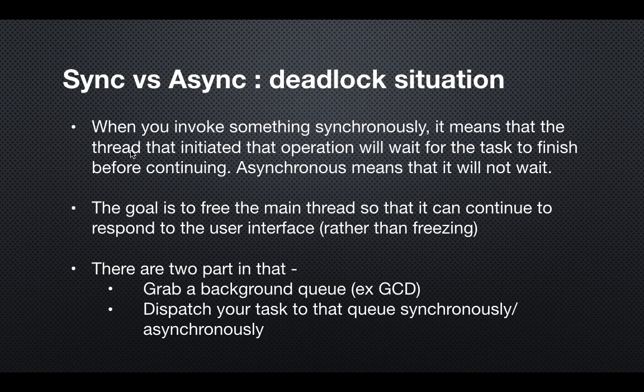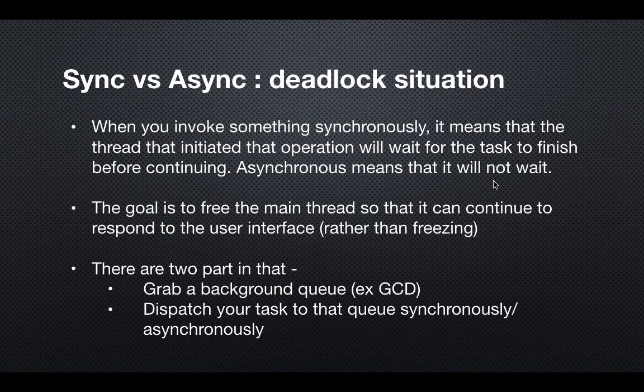When you invoke something synchronously, it means that the thread that initiated that operation will wait for the task to finish before continuing. Asynchronous means that it will not wait. So when you say synchronous, your thread will wait for its task to complete.